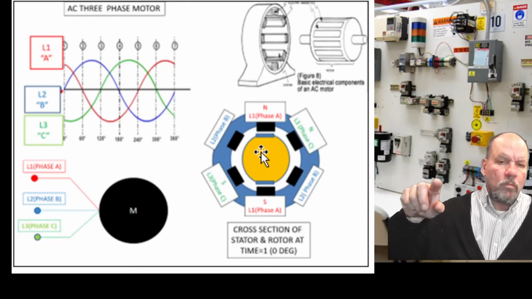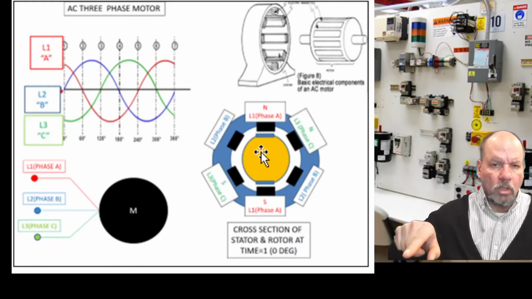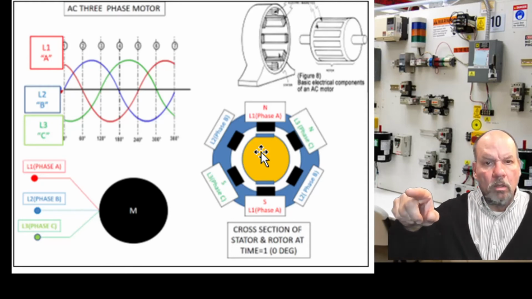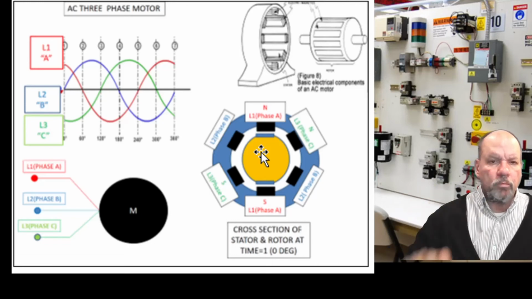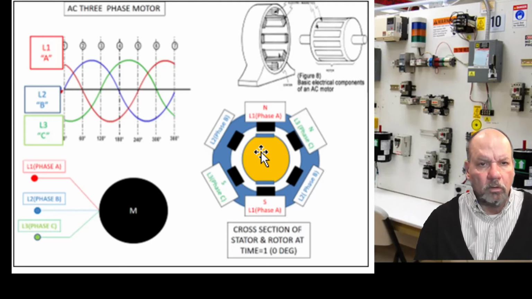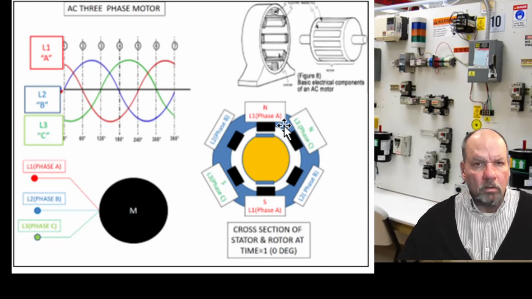Instead of going from A to C at the beginning, which is clockwise, it'll go from A to B, which is counterclockwise, by flipping the L2 to L1 or L3 to L2. And it's because the voltage that's being applied to the coil causes the magnet to reverse itself.